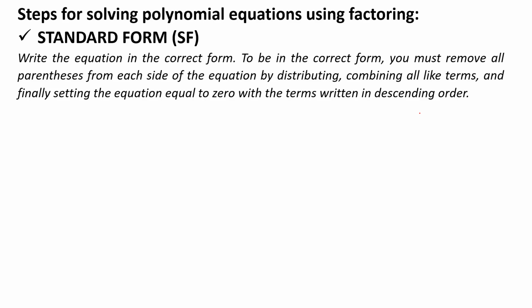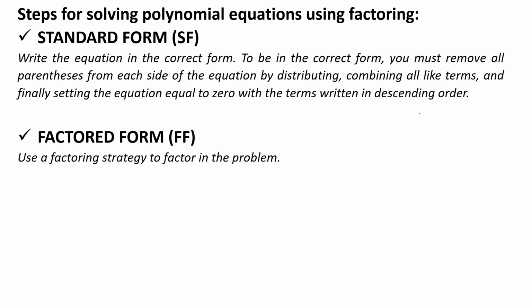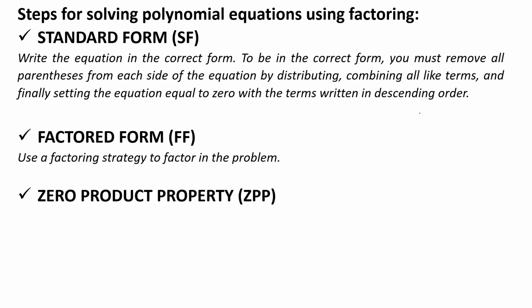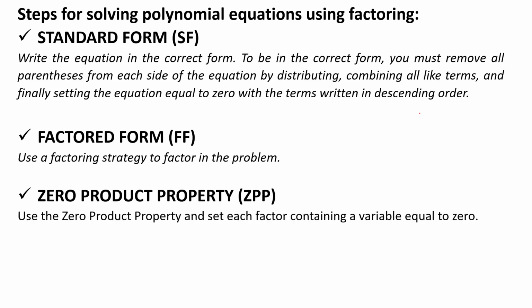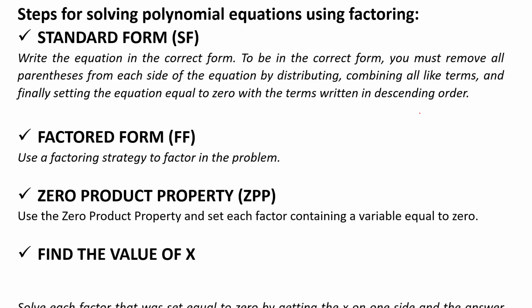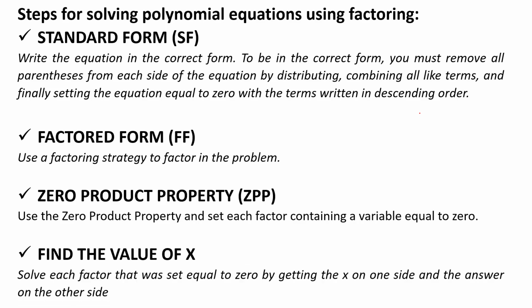We will need to combine all like terms. Then, factored form, use factoring methods or strategies to factor the given polynomial. Then, zero product property, equate all factored forms to zero. And find the value of x.